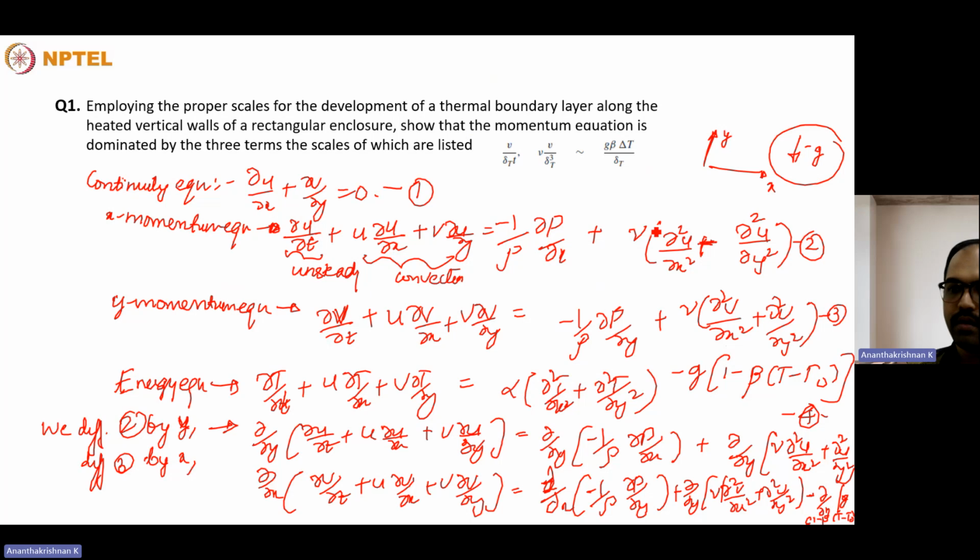So we found out that the unsteady inertia term of the y momentum equation, the viscous term of v with respect to x, and the buoyancy term of the y momentum equation dominate based on a scaling analysis.